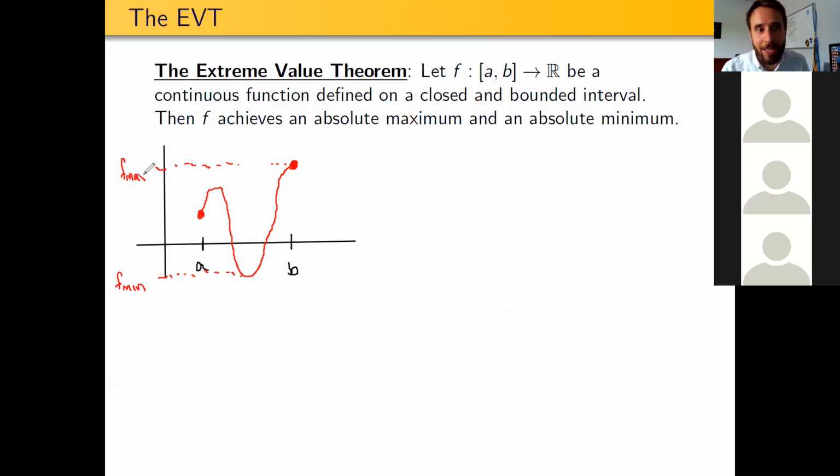Possibly in the interior, and that's also okay. But we will definitely have a maximum and a minimum value. If we don't include the endpoints, of course, all bets are off, because we could have some sort of vertical asymptote. But if we have a closed and bounded domain, we must include those endpoints. And if our function is continuous, then it must achieve these extreme values.